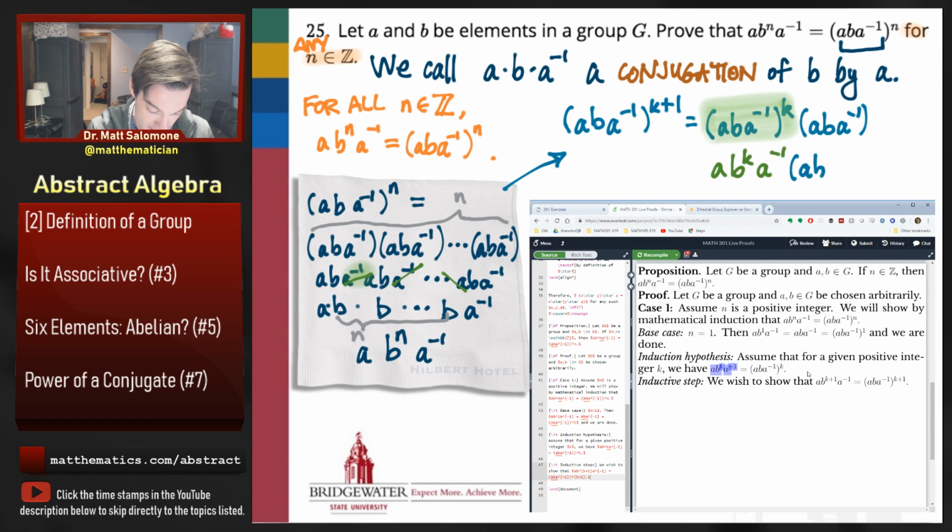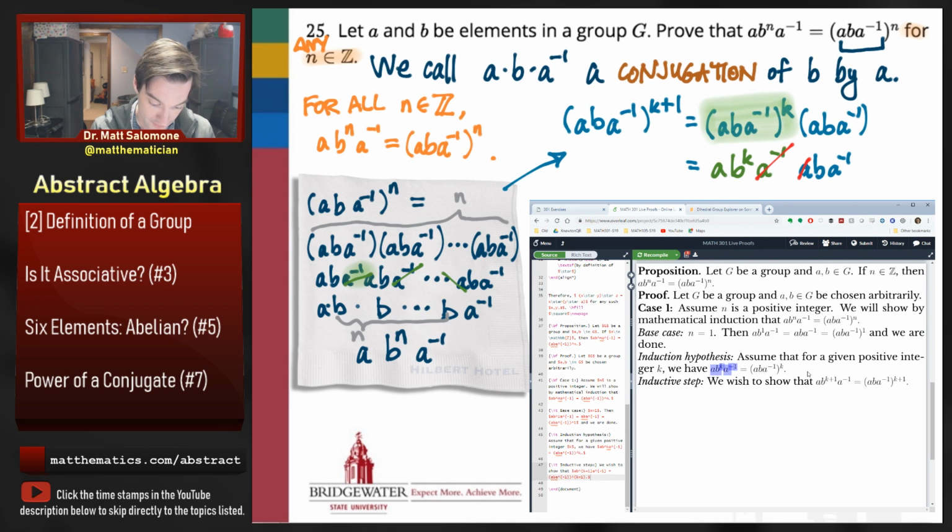Then I've got A inverse sitting over here on this side. But now you can see what happens, right? This is where the observations that we made on the napkin come in. The associative property, letting me ditch these parentheses. And then the magic cancellation that happens with the adjacent A inverse A. So that cancellation happens right here.